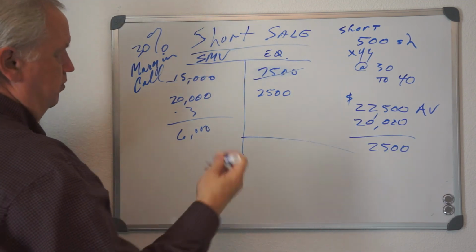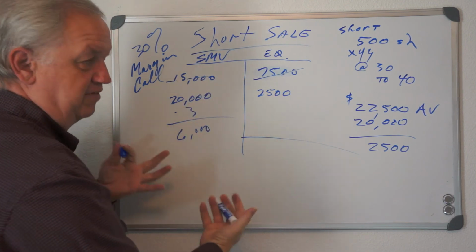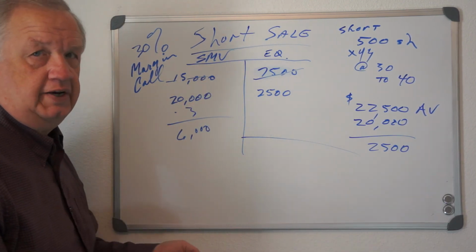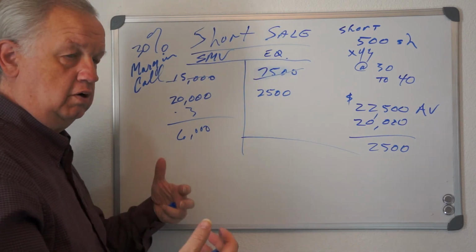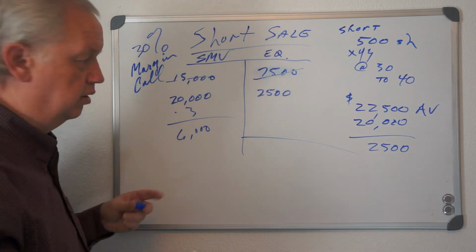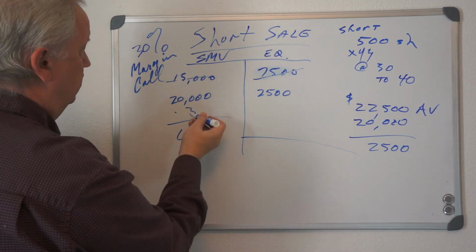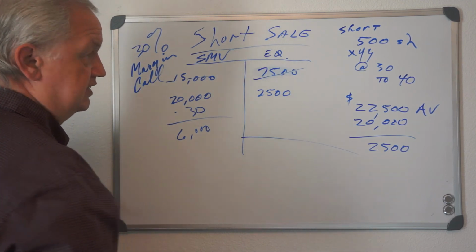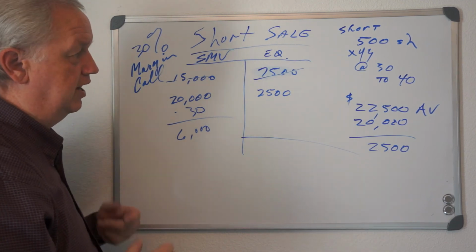Before, remember I just took half and I took half? That was the easiest way to find the 30% or 25% call. You'd take it for regulation T. You don't have to worry about that. Here, look at this. 30%, 0.30 of 20,000, that's a 6,000 requirement in your equity.